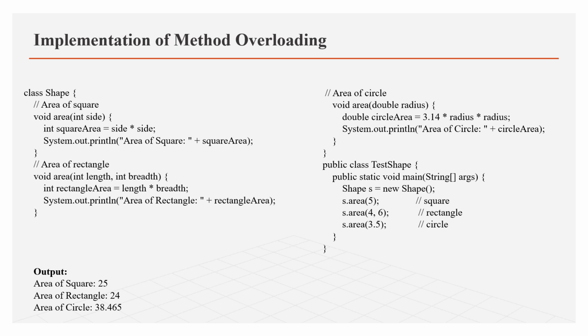We'll call the multiple area methods here. Here I am passing 5, so the compiler will call the first method because we are passing an integer value. Next time we are passing two values, so the compiler will call the rectangle area, and in the third we are passing 3.5, meaning a decimal value, so it will call the area of a circle method.